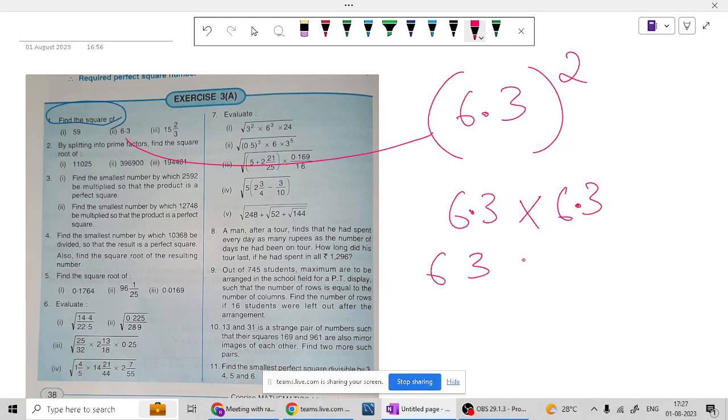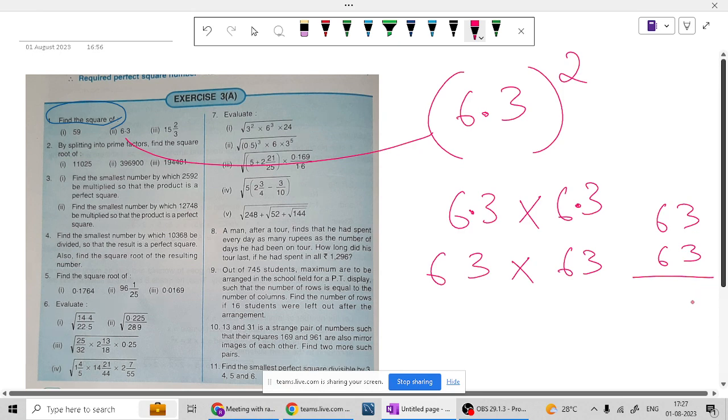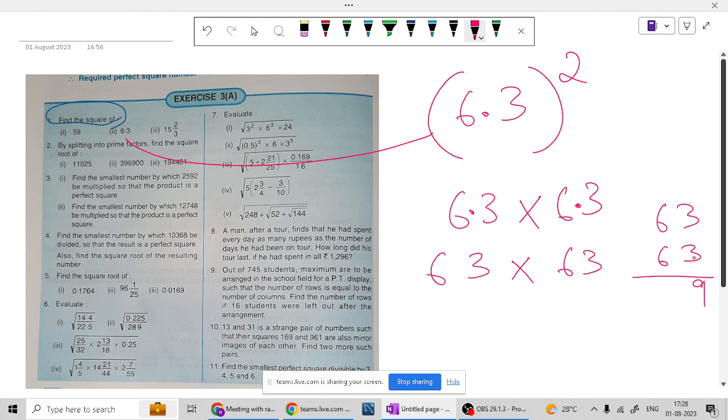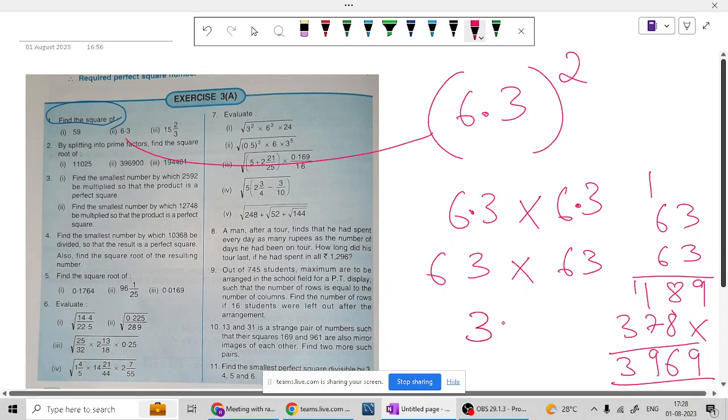We remove the decimal and multiply 63 into 63. Sir, 3,969. Okay, let me check. 3 threes are 9, 6 threes are 18, 6 sixes are 36. What's the answer? 3,969.